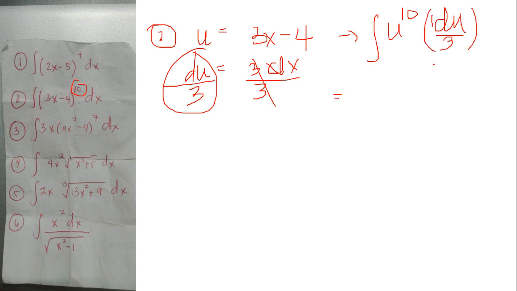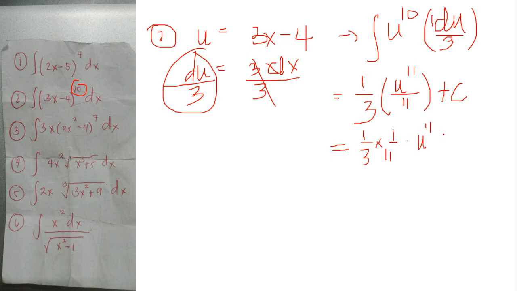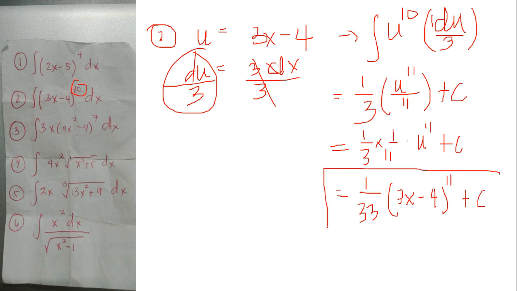So, yung kanyang constant is 1/3. Ilalabas natin yung 1/3. Tapos, integral ng u raised to 10 is u raised to 11 over 11 plus c. Ibig sabihin, 1/3 times 1 over 11, tapos u raised to 11 plus c. So, this is 1 over 33. Tapos, balikan na natin yung u. (3x minus 4) raised to 11 over 33 plus c. 10 points na ulit yan.